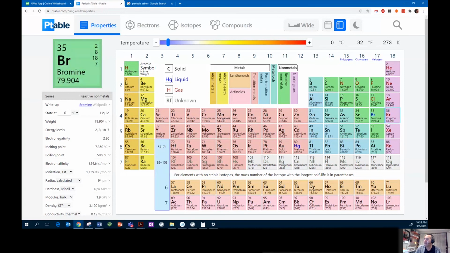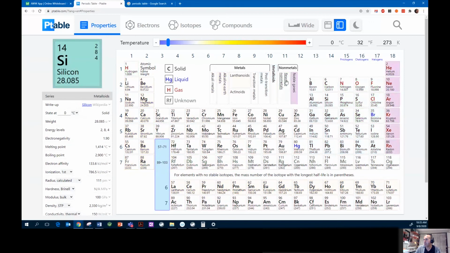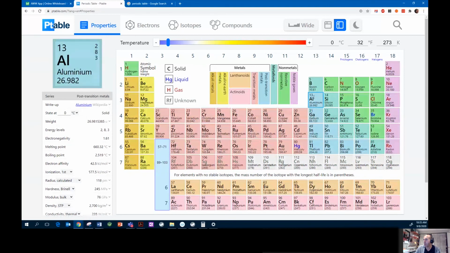But typically the nonmetals, and especially the nonmetals here in green, what we might call the reactive nonmetals. The metalloids, not so much. They behave much more like metals than nonmetals, but these guys here in the corner are typically the elements that form anions.